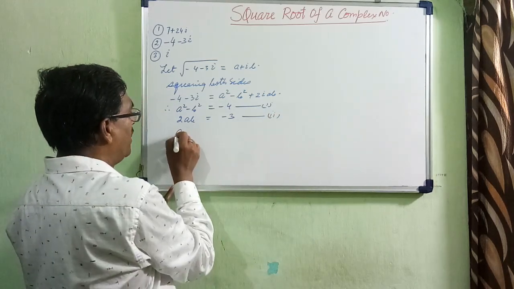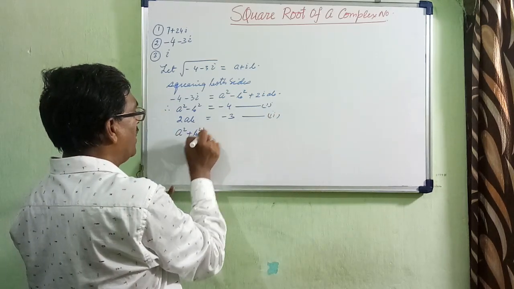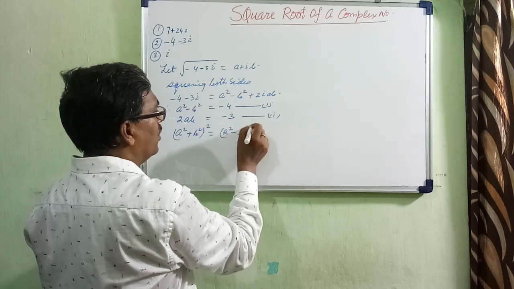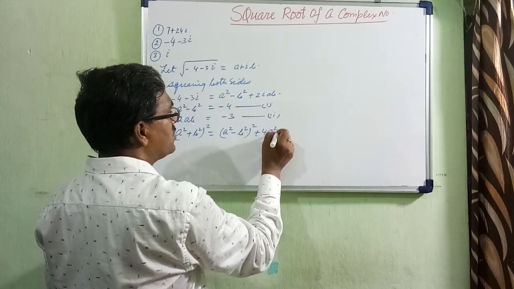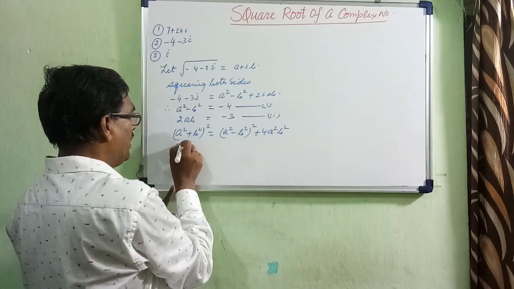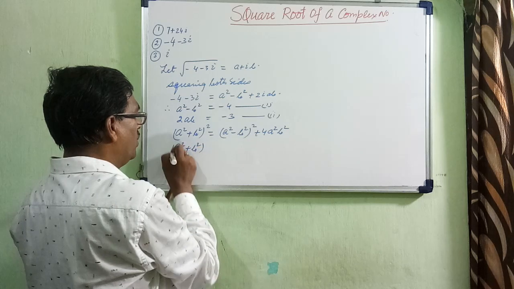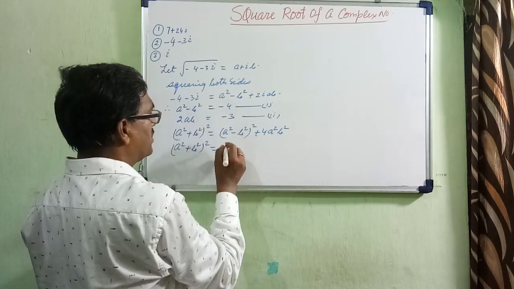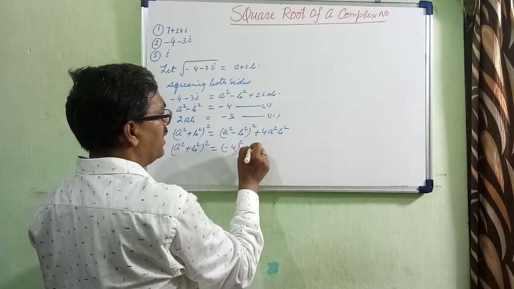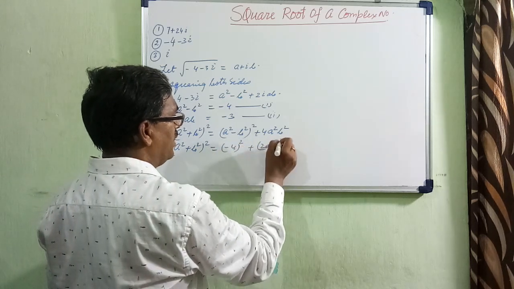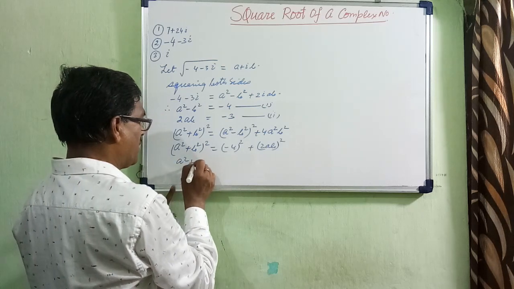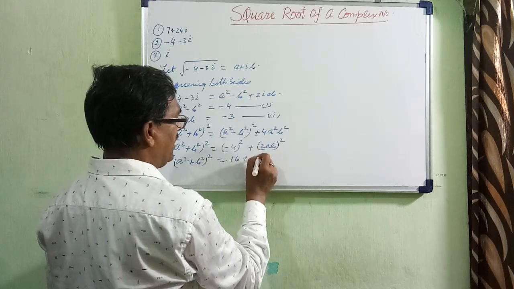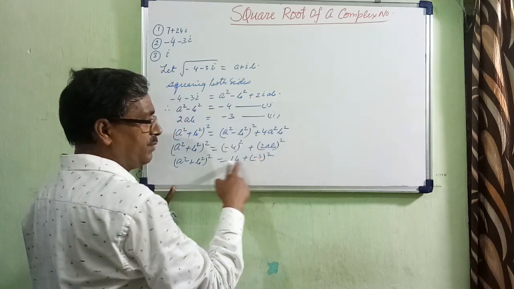Now, again we have to find out a square plus b square. (a square plus b square) whole square is equal to (a square minus b square) whole square plus 4a square b square, which is minus 4 whole square plus (2ab) whole square. This is equal to 16 plus minus 3 whole square. So 16 plus 9.